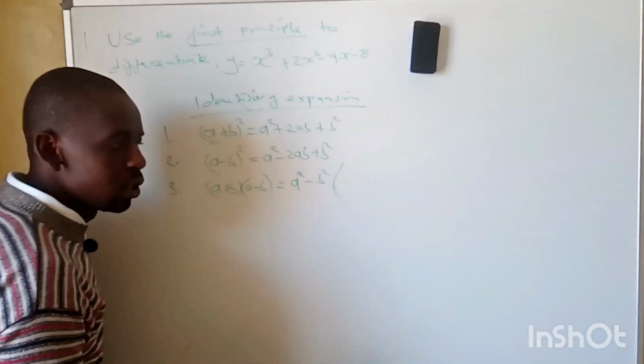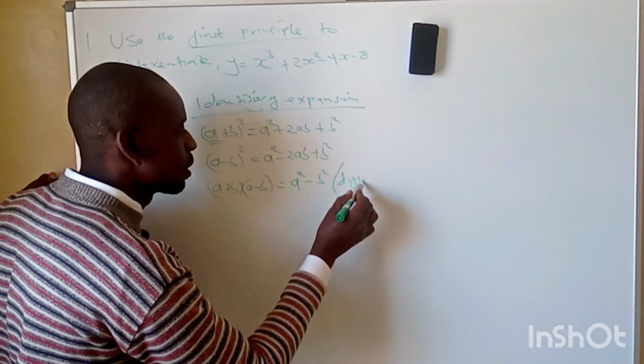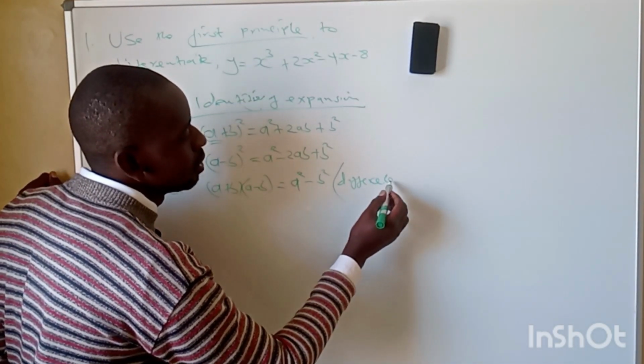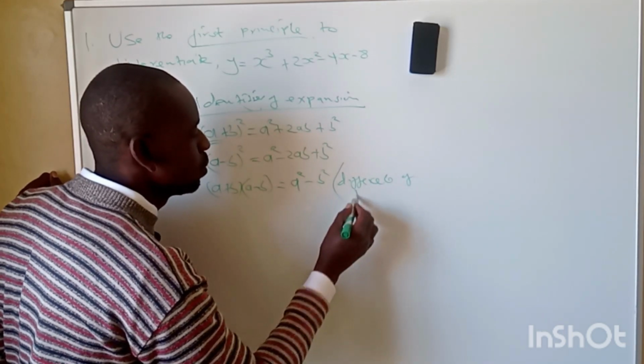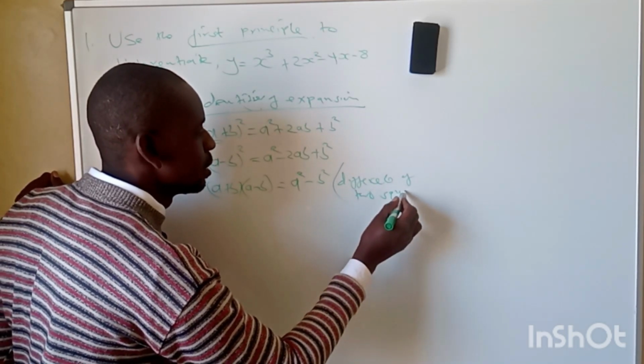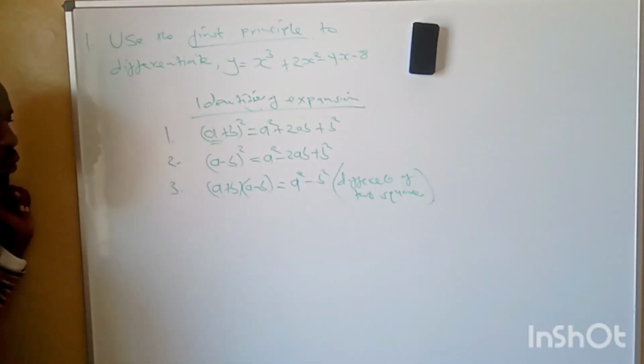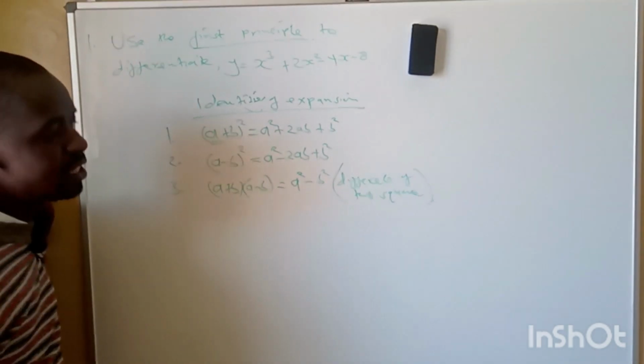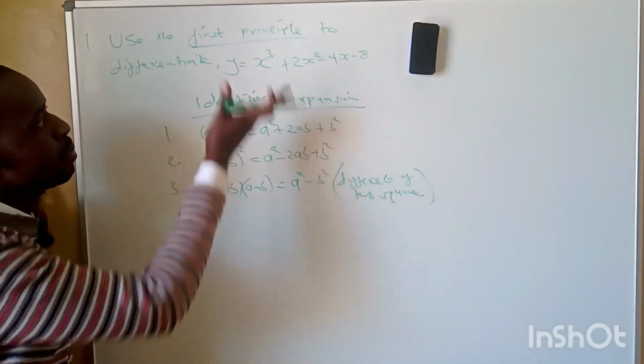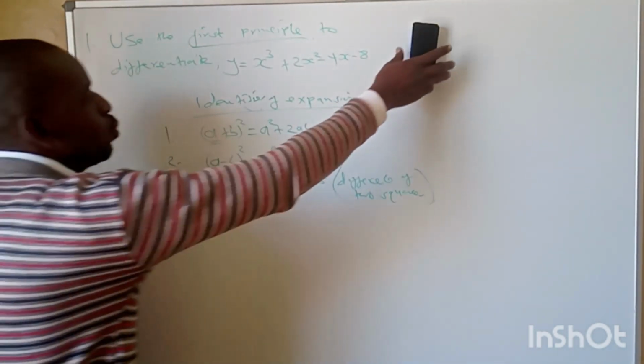This one is called the difference of two squares. Class, I hope you are with me. These are the three identities of expansion that you need to know before we look at that question.